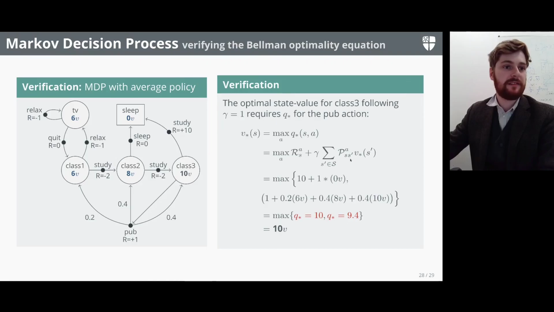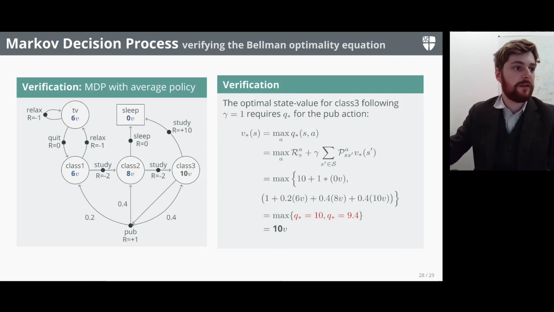So in this case, it's the maximum of 10 plus 1 times the 0 value. And then going down here, again discounted by 1, there's a 0.2 probability of getting 6, plus a 0.4 probability of getting 8, plus a 0.4 probability of coming back here.